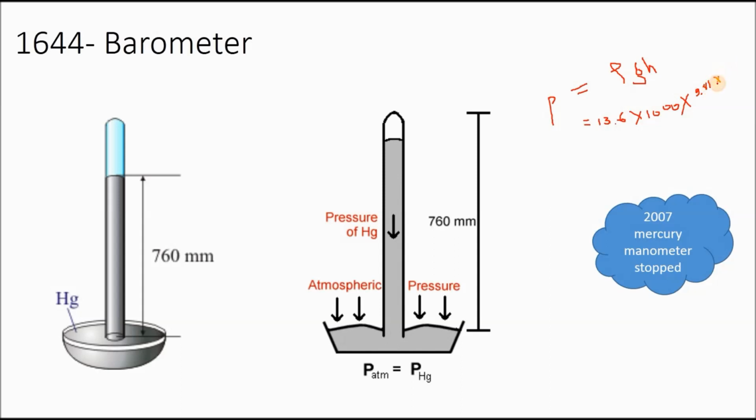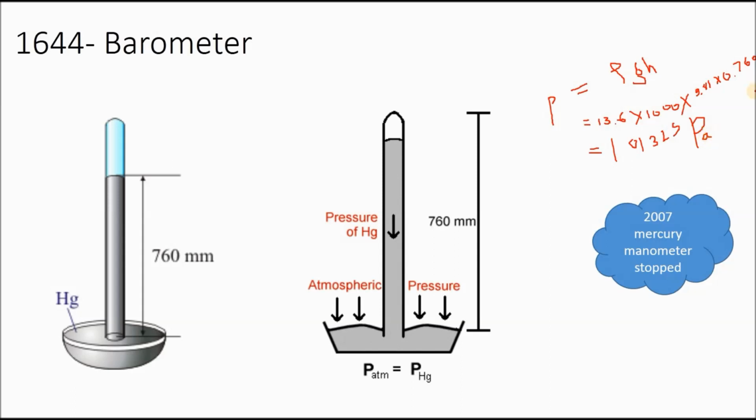The height is 760 mm, so I can convert it into meters, which is 0.760. If you calculate this, you will get the value 101.325 Pascal. So what do you know about this? This is called the atmospheric pressure.